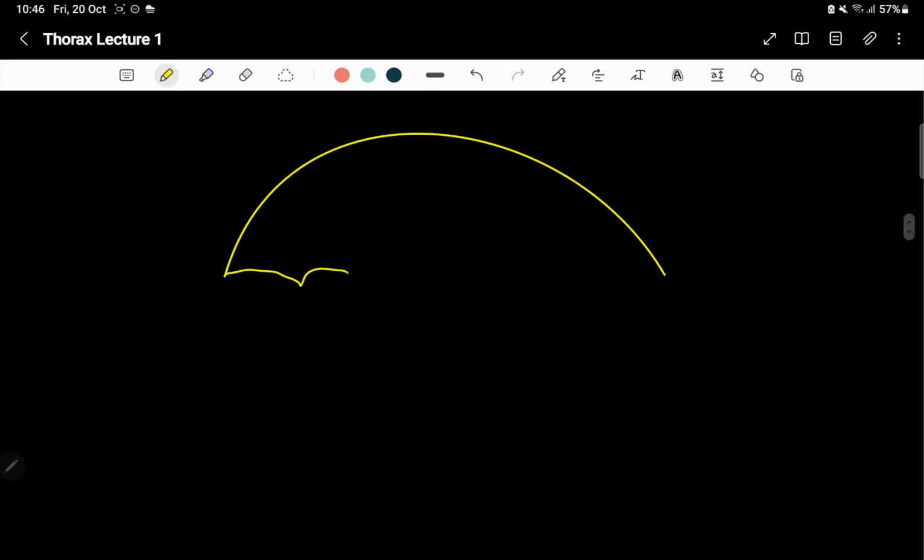Then we will discuss your diaphragm. This is an important topic. Let me start with your diaphragm. So if I draw a diagram of your diaphragm, the diaphragm is like this. There is a right crus of diaphragm, there is a left crus of diaphragm, and again these arcuate ligaments here.